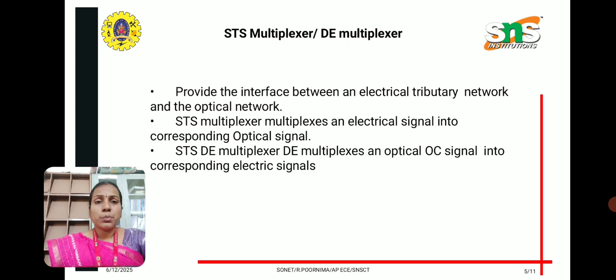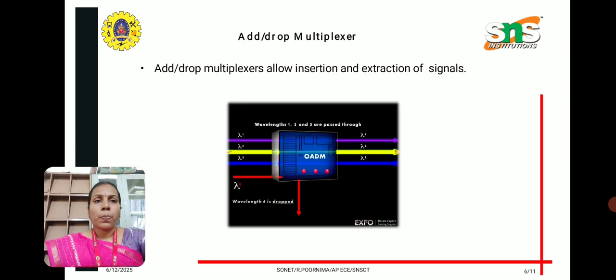So it combines many channels into a single fiber. And the add-drop multiplexer is a different multiplexer compared to STS. It allows for inserting a different signal. So if we have different inputs here, we can add another signal, and also we can extract some wavelength signal.